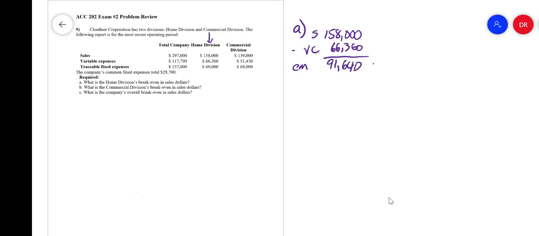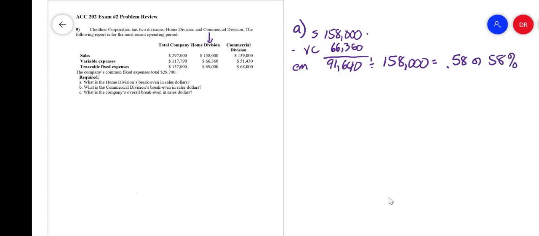Okay, so we divide then the contribution margin by sales of $158,000 up here. And then we're going to get a contribution margin ratio of 0.58 or 58%.